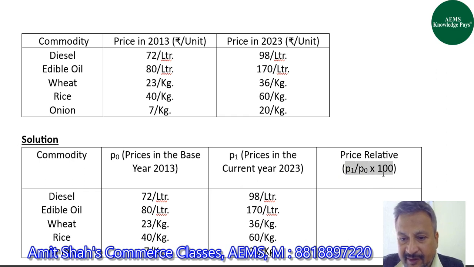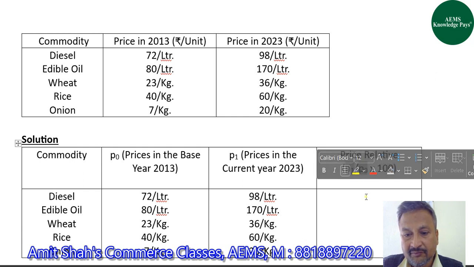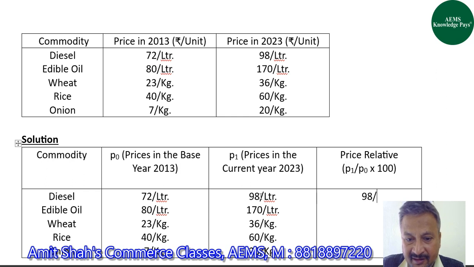So what exactly is this? Percentage of price of current year on the price of base year. That is 98 divided by 72 into 100.